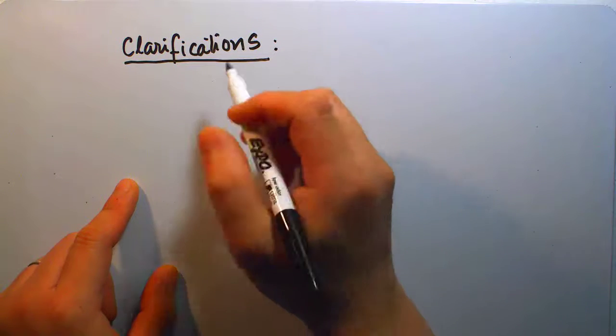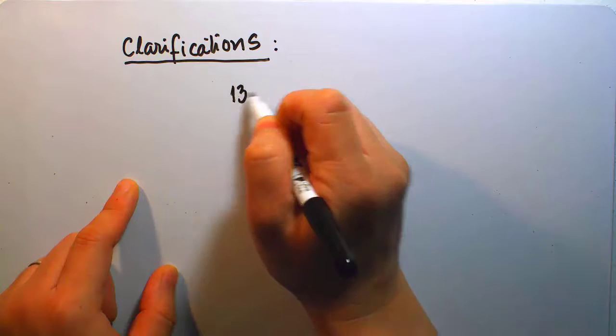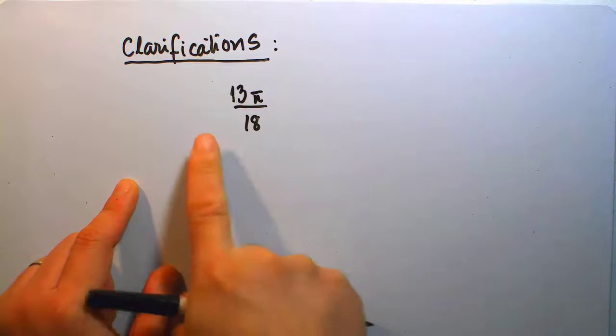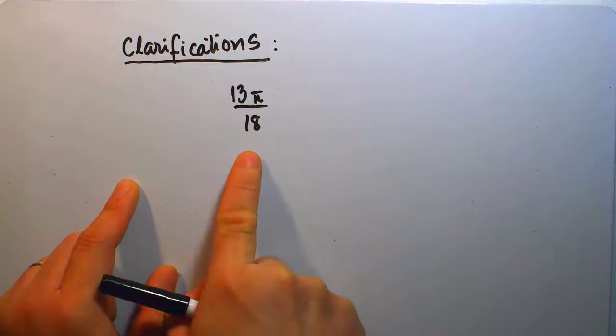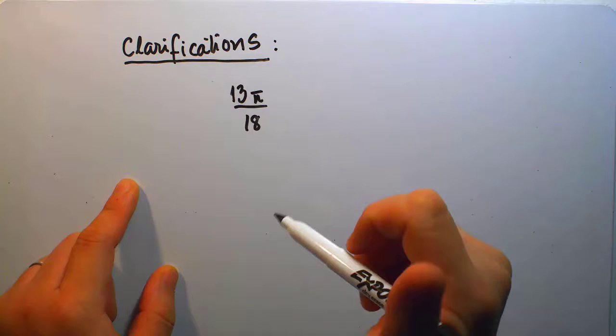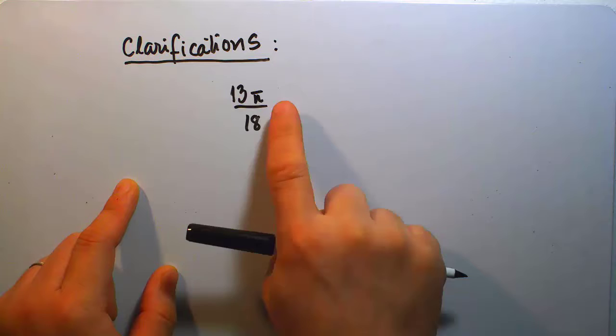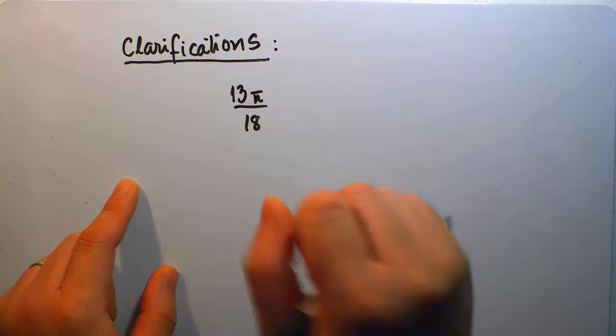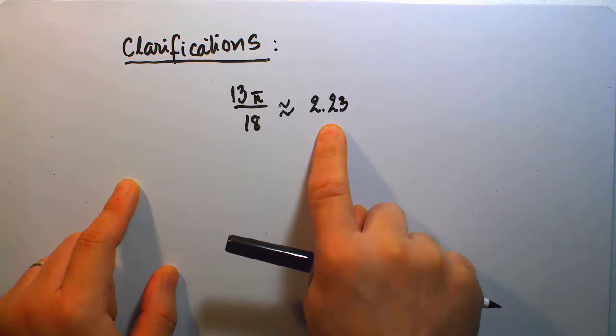In that very first problem, when I came down to 13 times pi over 18, I said in the video that it's 13 times 3.14 divided by 18, but indeed I was using my TI calculator, which had a much more precise value of pi, and consequently my answer was 2.23. If you follow along, you might find that it is slightly different from doing 13 times 3.14 divided by 18.